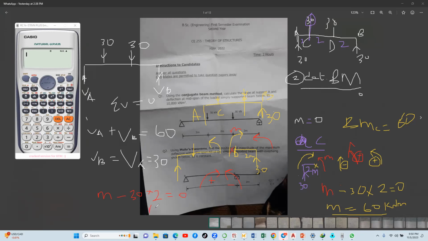So what is my M? My M value is going to be equal to 60. So that means that the bending moment at D is equal to 60 kilonewton meter. Very good.